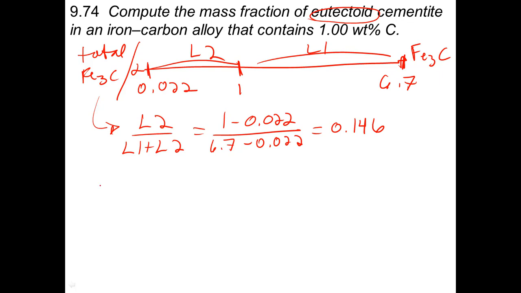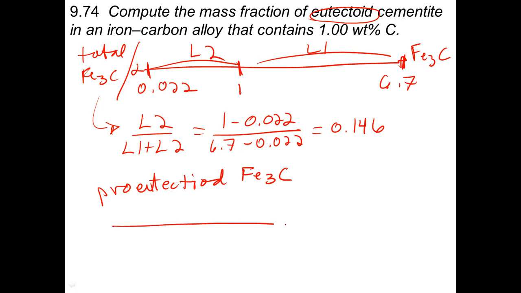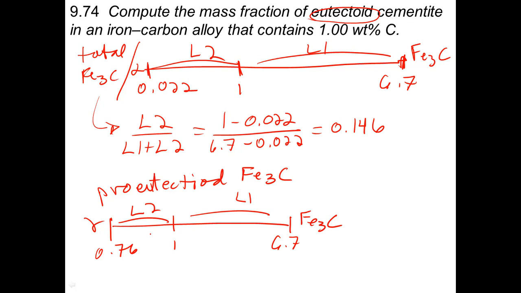Now, next I'm going to calculate the pro-eutectoid, in other words, the cementite that formed above that eutectoid temperature. So I'm going to have to work with that tie line bounded on the right by cementite, bounded on the left by austenite.